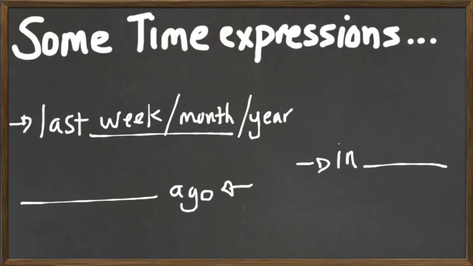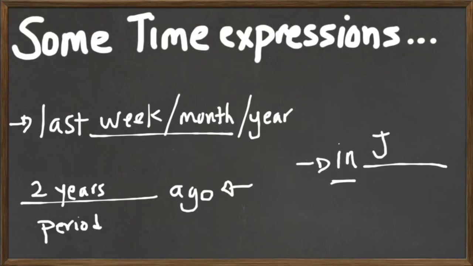We can also use ago, here we use this for a period. For example, it can be 2 years ago, 2 months ago, or 2 weeks ago. In, we normally use it for days or months, for example, in June, in September, in October, etc.